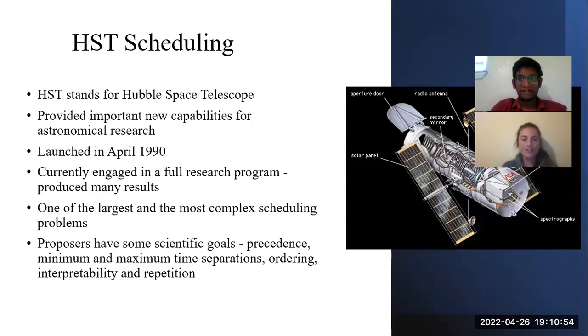It is currently engaged in a full research program that has produced many exciting results. The HST scheduling problem is one of the largest and most complex scheduling problems. Approximately 10,000 to 30,000 observations are scheduled per year, and each one of those is subject to many operational and scientific constraints.